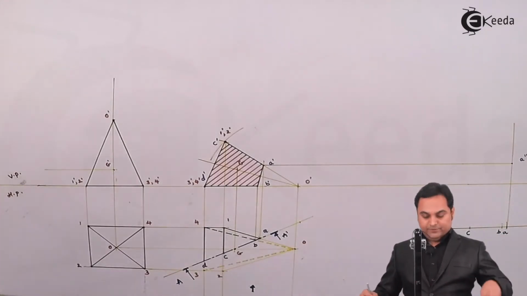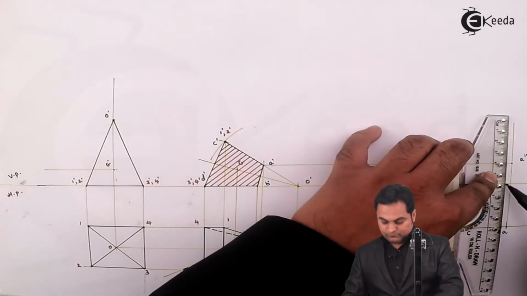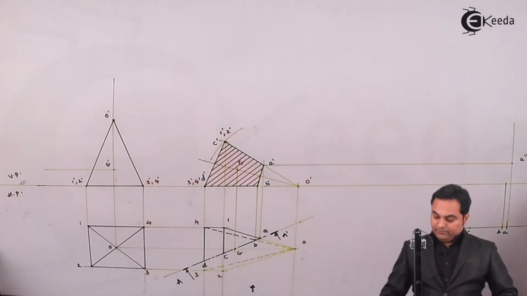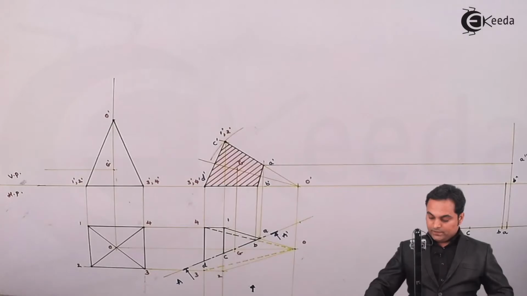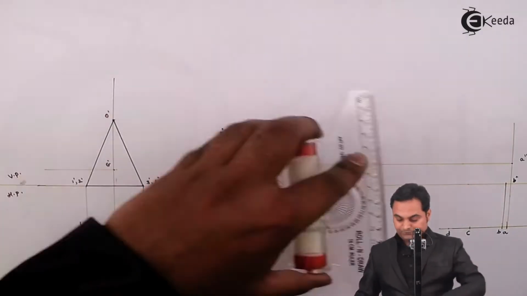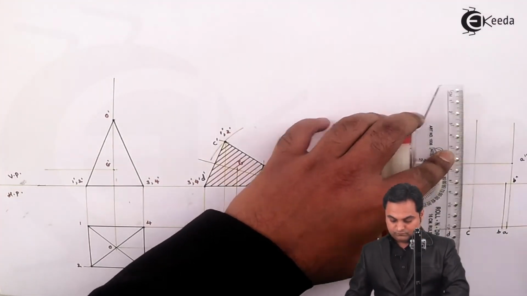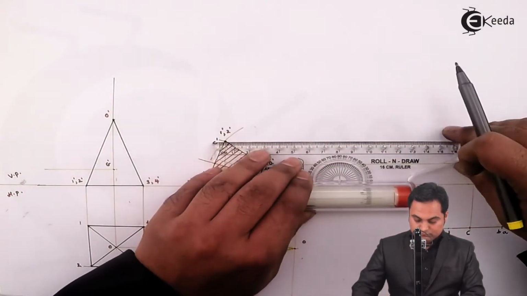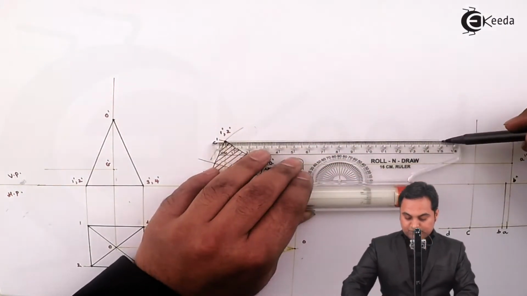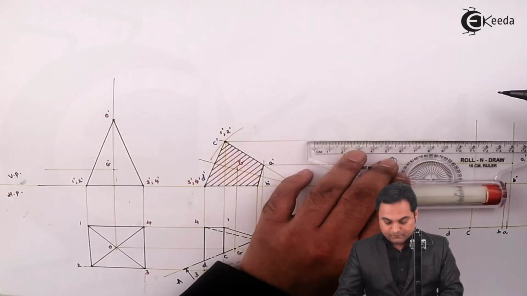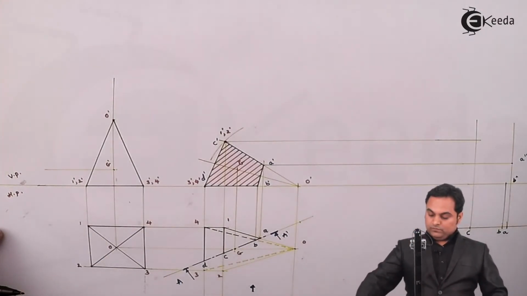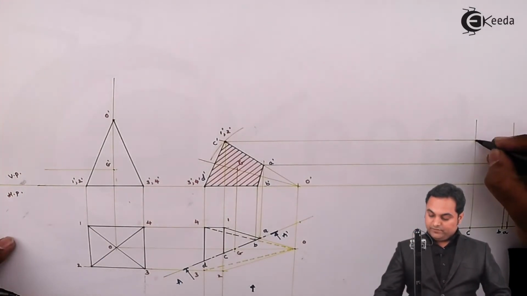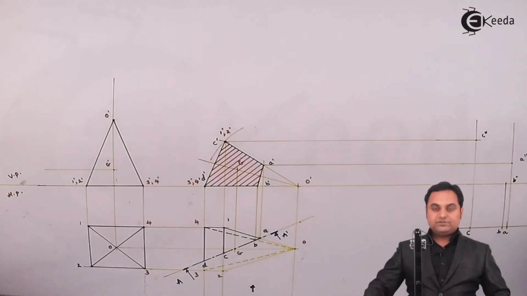Next for point B, here we have B dash on the XY line itself, so this point is B double dash. Then point C, C dash has been projected with a light horizontal line, where they intersect, that will give me the point C double dash.